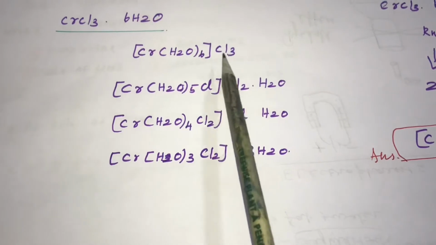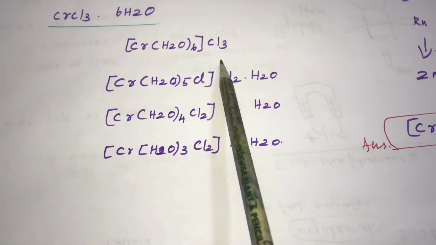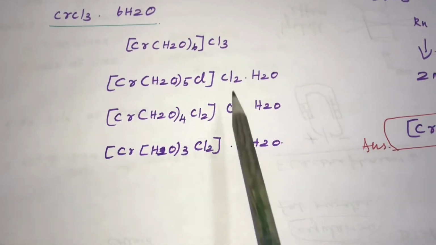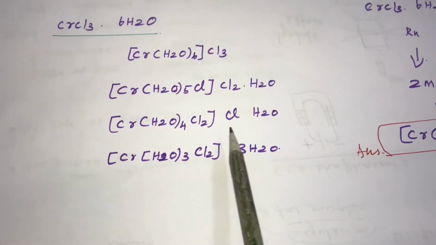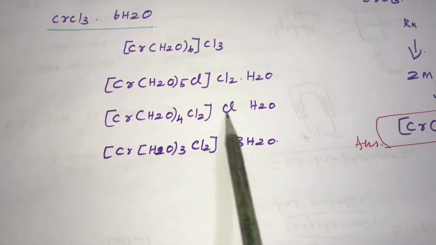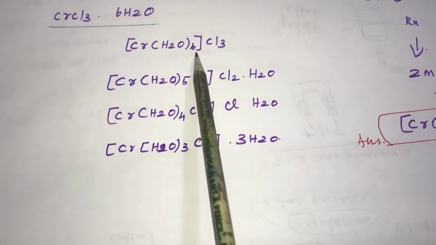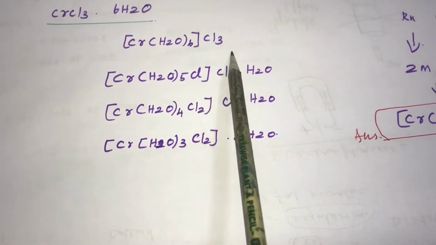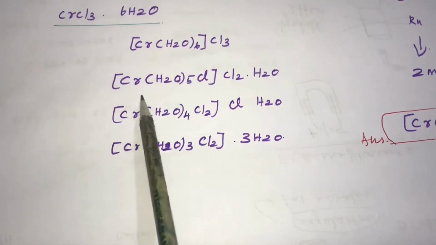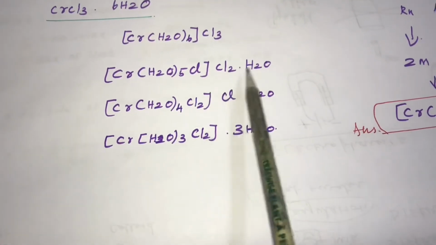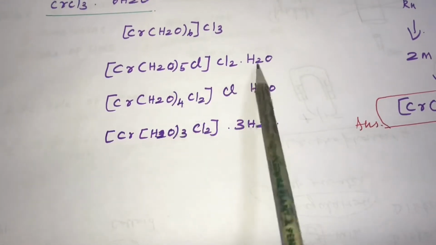It is an example of hydrate isomerism. It can be written in other forms. The difference in the water molecules within or outside the ionizing sphere is called hydrate isomerism. In the first isomer, one of the water molecules moves outside the ionizing sphere and chlorine is substituted: [Cr(H2O)5Cl]Cl2·H2O, so 2 chlorines are ionizable in water.